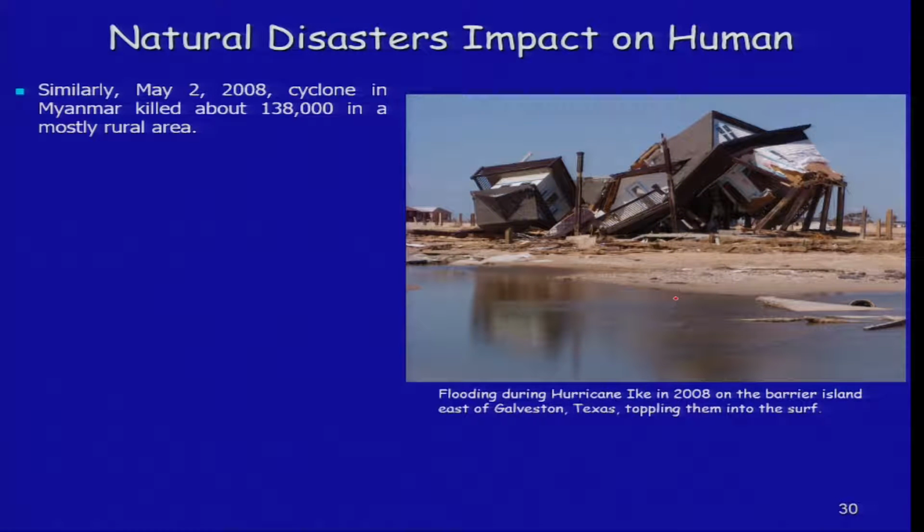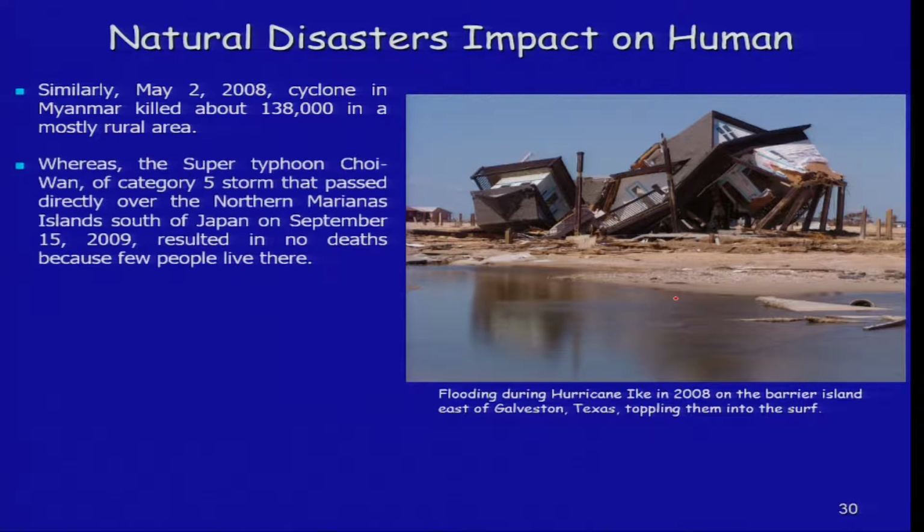Now, this is again a similar case. The 2008 cyclone in Myanmar killed around 1.3 lakh people, mostly in the rural areas, because they were absolutely not prepared and no proper evacuation was taken into consideration.